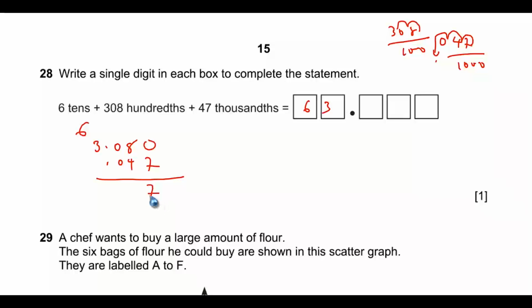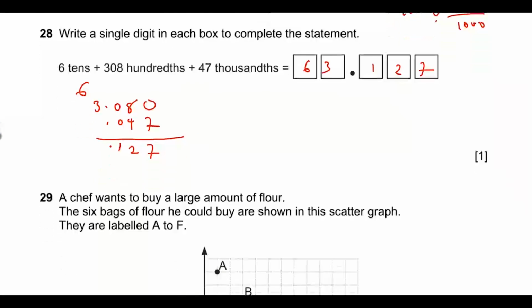So this will be 7. 8 add 4 will be 12. You write 2, you keep 1, then 0 add 0 is 0, then 0 add the 1 you kept. So that will be 1. It will be 0.127. So that is the solution to that question.